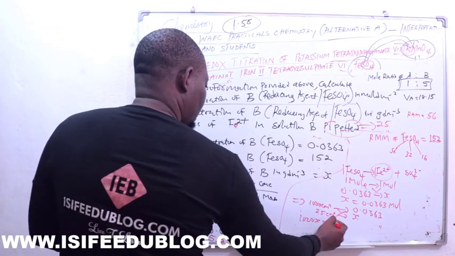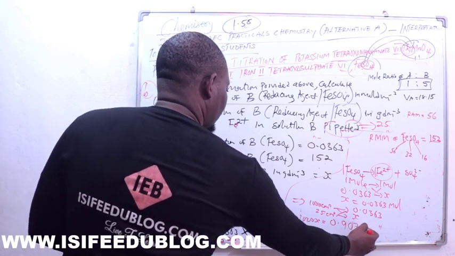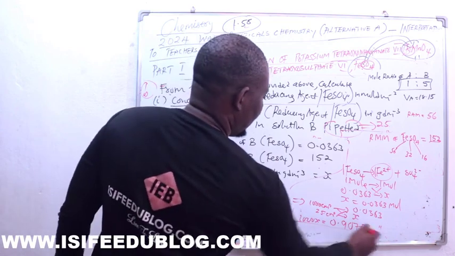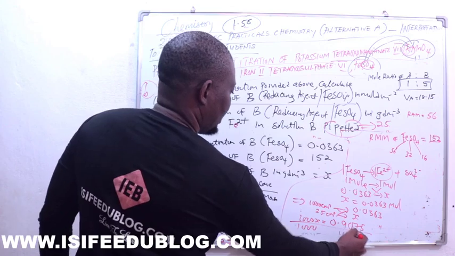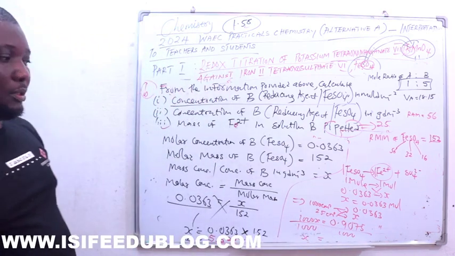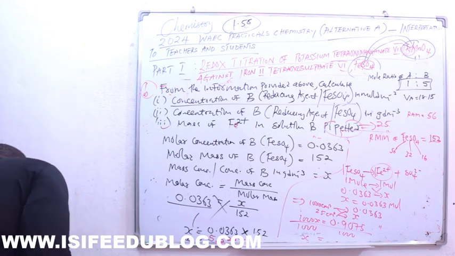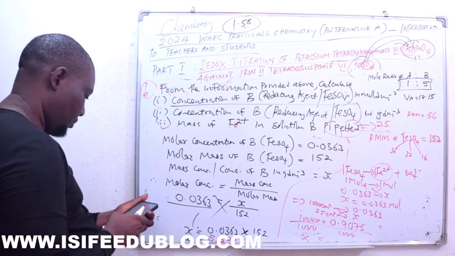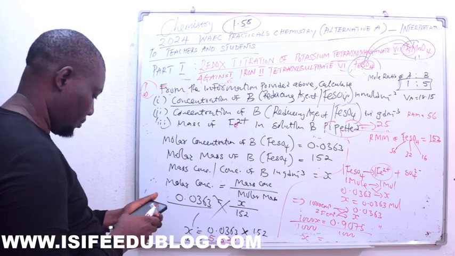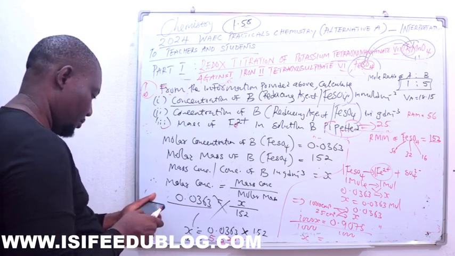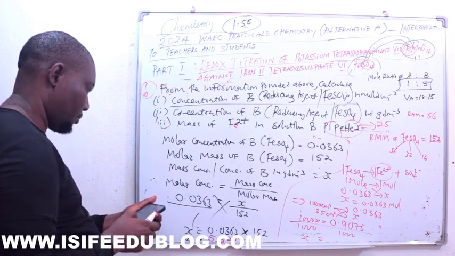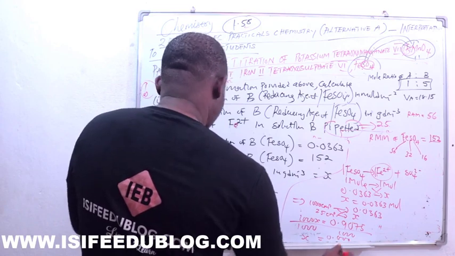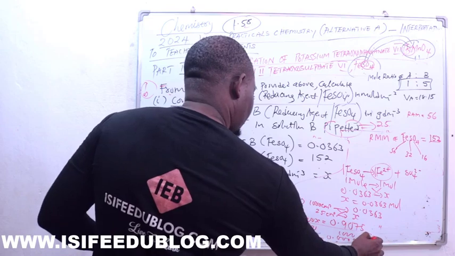So 0.907. That's what it is now. So we actually have to divide both sides by the coefficient of x, so that x alone is 0.0009075.